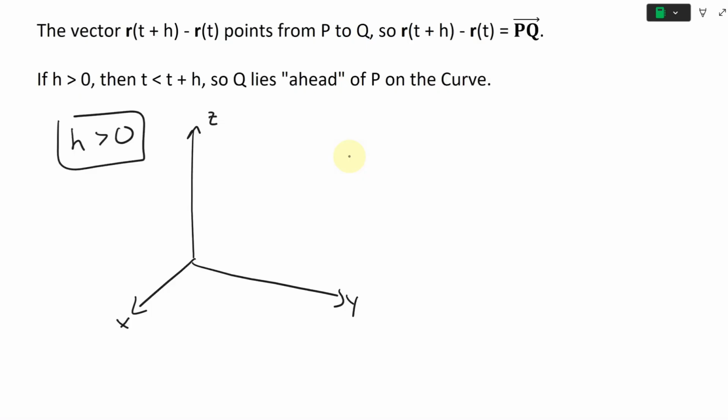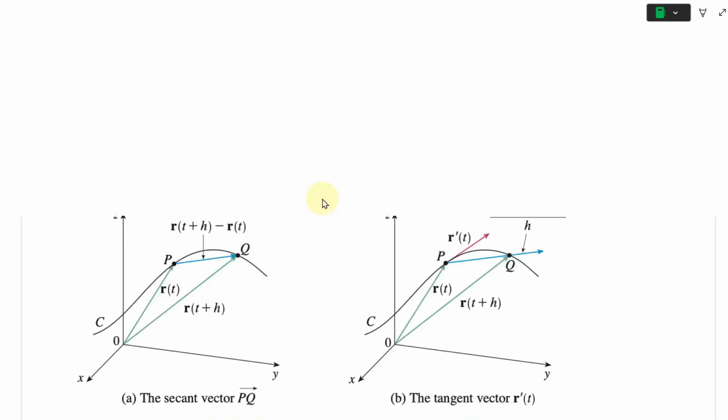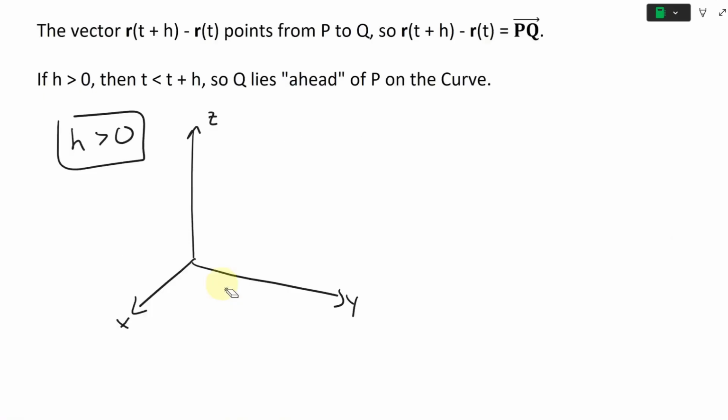So let's say we have a curve like this. I'm going to draw over it. This is the point P, which is at r of t.